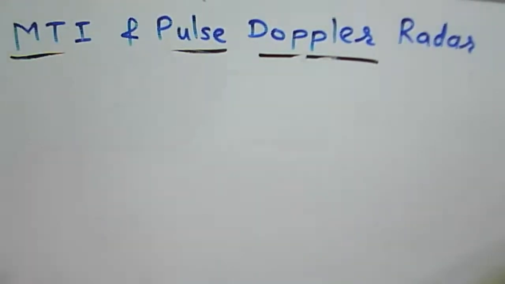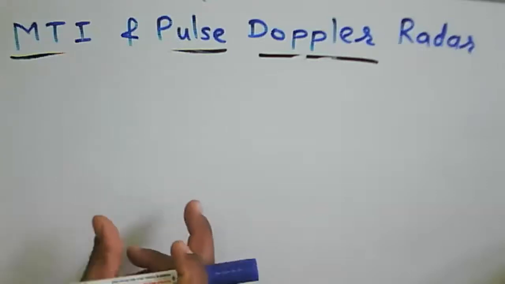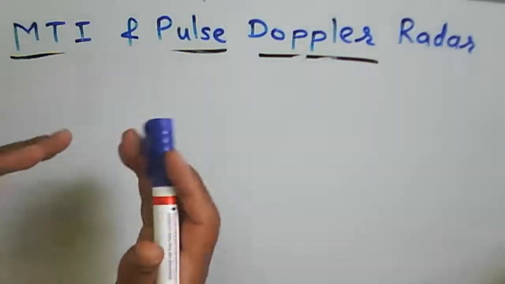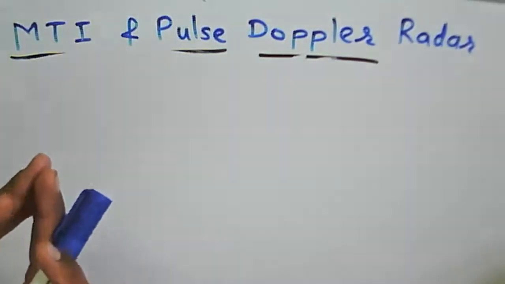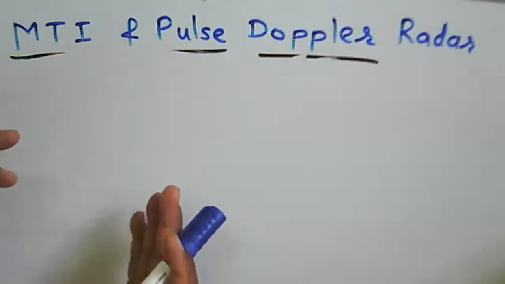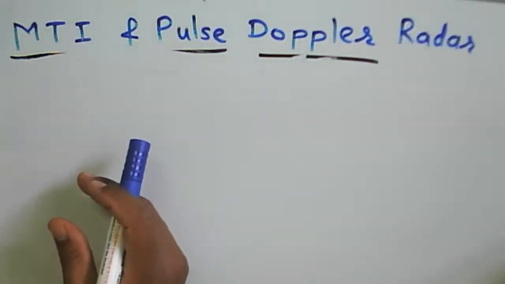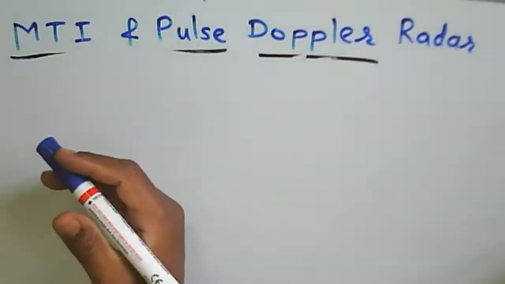So that's why we are able to detect the particular target there. Then we are able to identify the position of the given target.